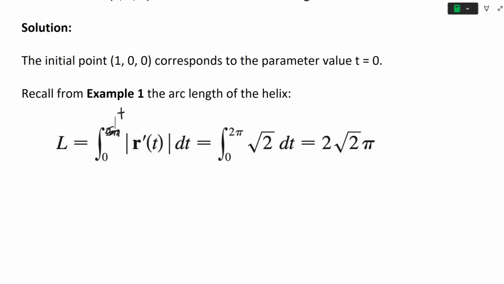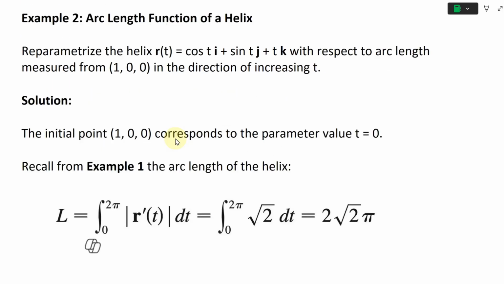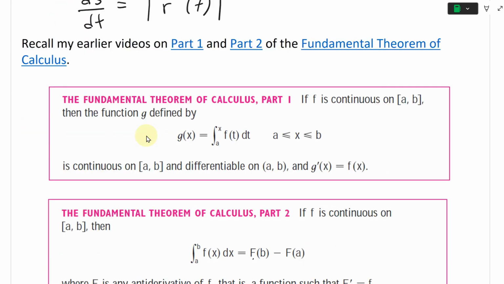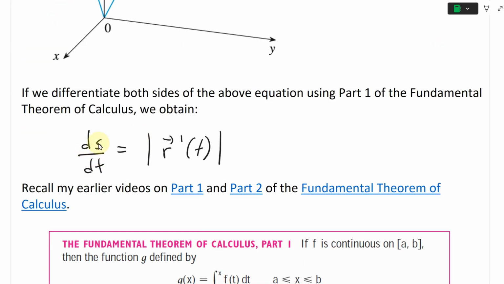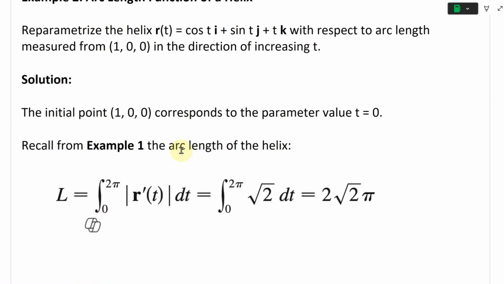So we wanted to go up to t, and we already solved that. We have this as the integrand, using part 1 of the fundamental theorem of calculus. We already know that the derivative of s, the arc length function, ds over dt, is equal to that integrand, the length of the derivative of r of t.